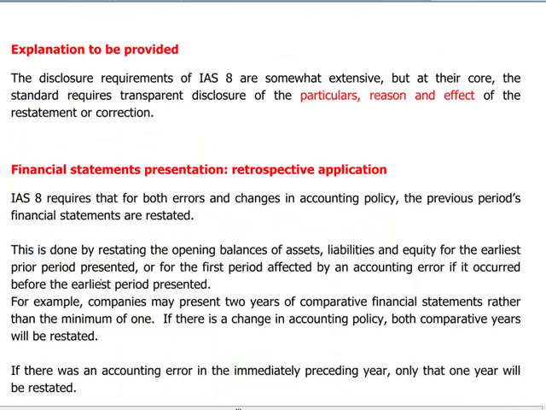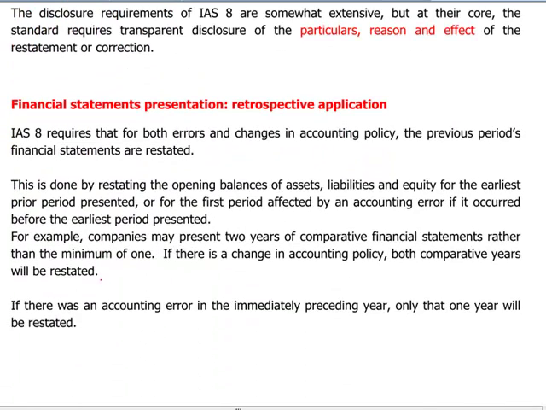So for a retrospective application, all I want to make sure is that the users of the financial statements, who have seen the previous year financial statements, will understand that a change has occurred either in the accounting policy or we are just correcting an error. Like for instance, I included in year-end inventory something which was already sold.